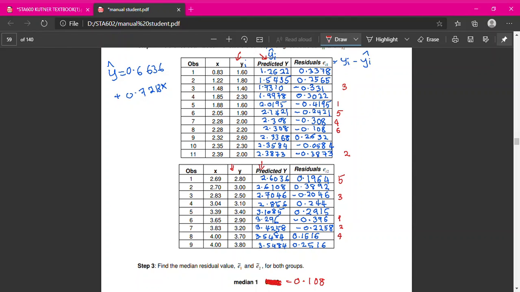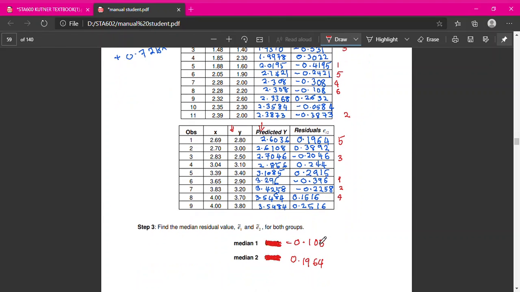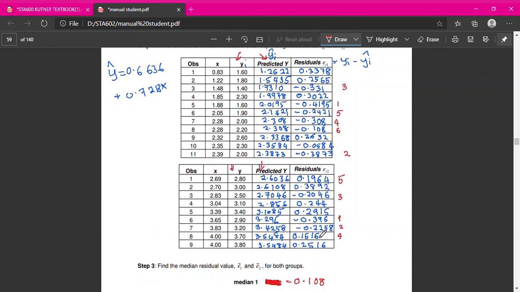Okay, after we have the residual, then you need to find the median for each group. Okay, you have to find the median of the residual for each group. Okay, so you tahulah macam nak cari median, kena you have to arrange the residual first to find the median, which is the median adalah titik tengah.